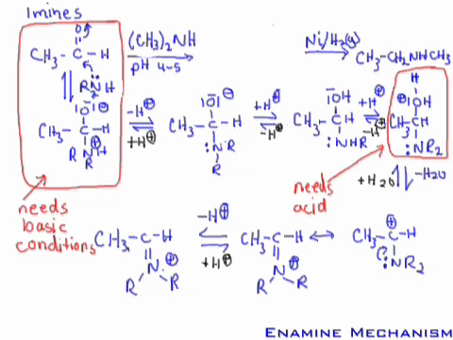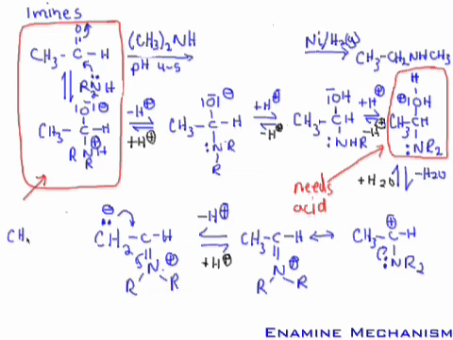We pull the proton off instead from the CH2, generating a carbanion. The reason we can deprotonate here is we can move the electrons out on the nitrogen, and when we're done, we end up with a CH2 double bond CH, N, R, R, lone pair.